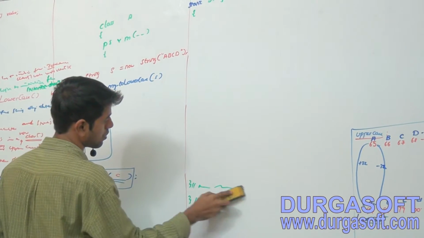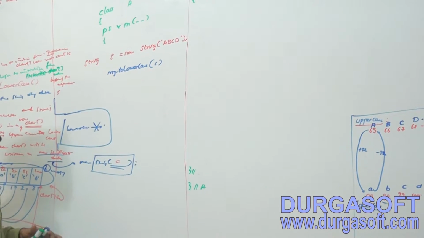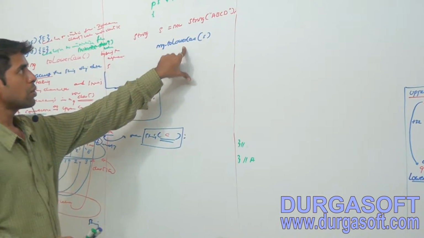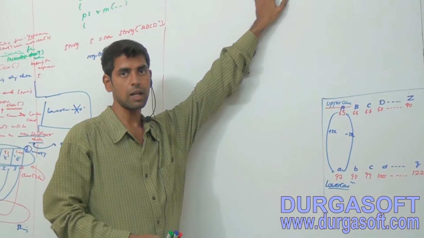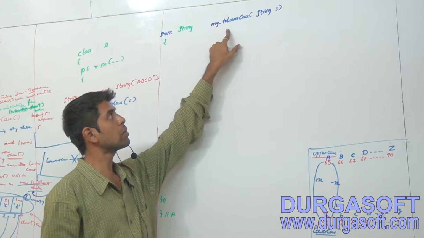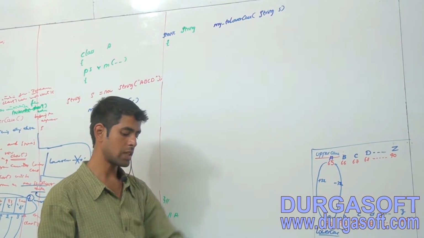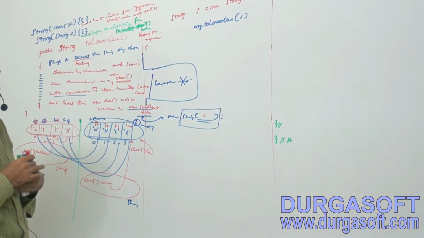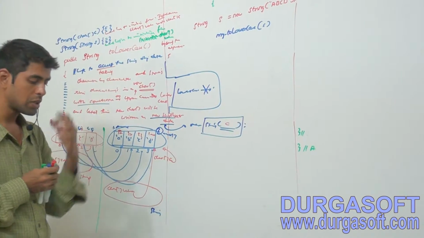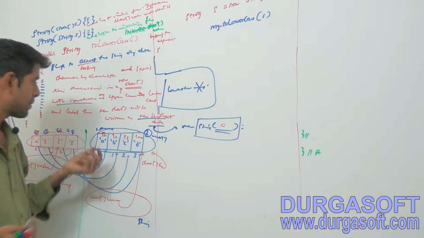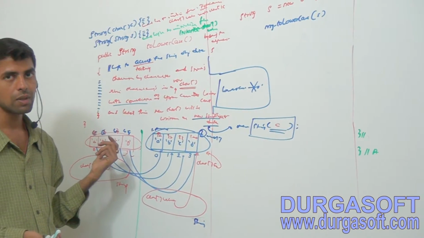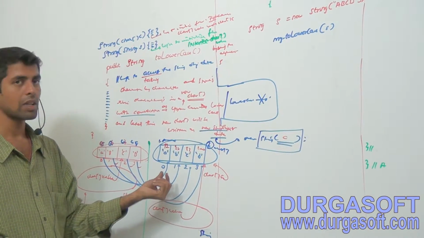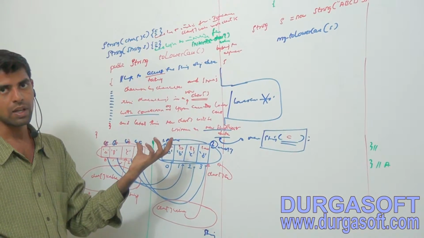Now the control will come to this static method called myToLowerCase. Now let's do some analysis. Before I write the logic, we have discussed the overall logic. Simple thing: accessing the characters of the string object and storing them in a char array with conversion.